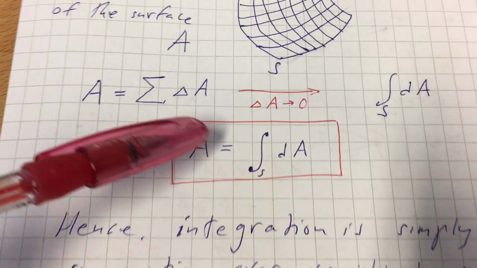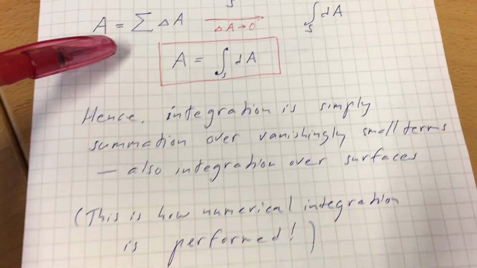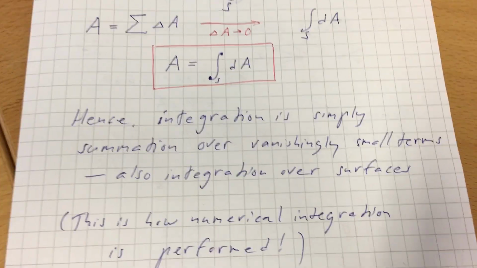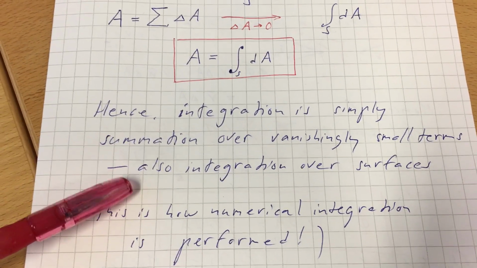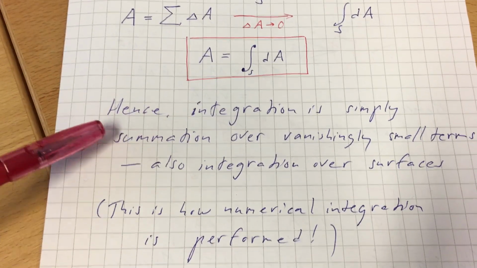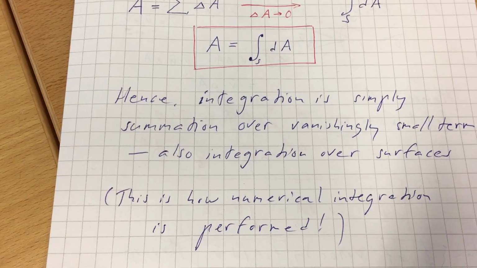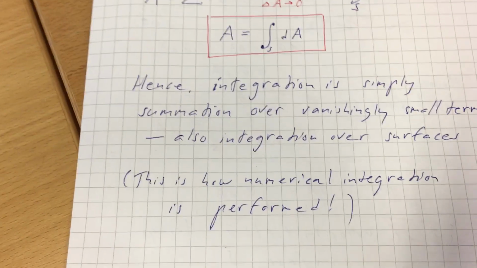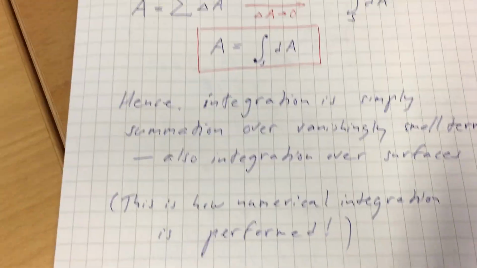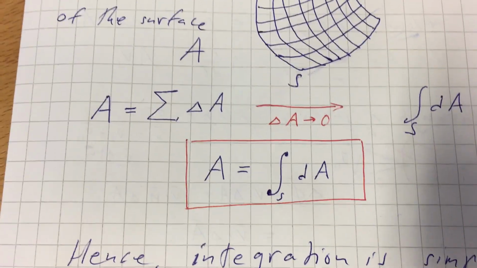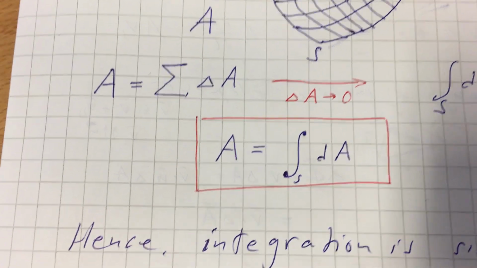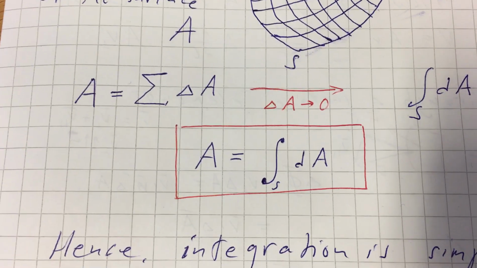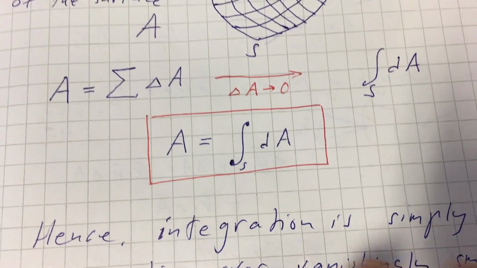So integration is simply summation over vanishingly small terms, and also integration over surfaces is summation over small elements. And this is how numerical integration is performed. But note, in this case, we have no function which is integrated over the surface. So it's just a summation over all the surface elements.